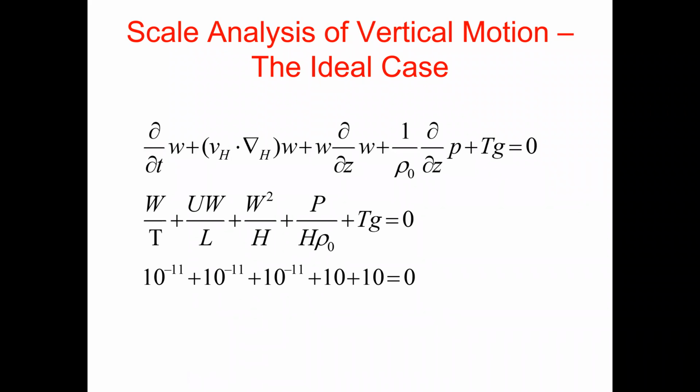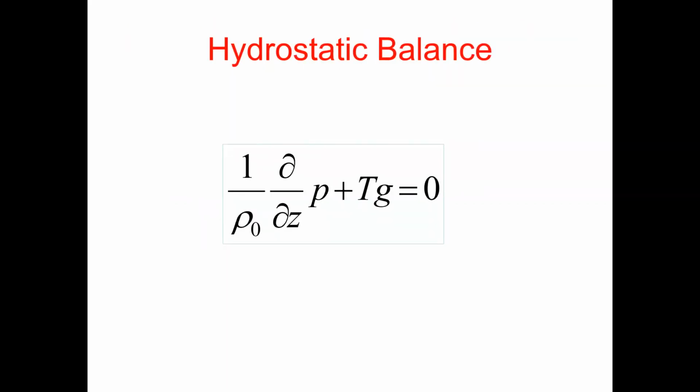And hence, geophysicists have no problem sleeping at night if they drop the first 3 terms, because the dominant terms are the last 2 terms. And that's basically how geophysicists, based on this kind of argument, derived the so-called hydrostatic balance, which replaces the balance in the vertical momentum.